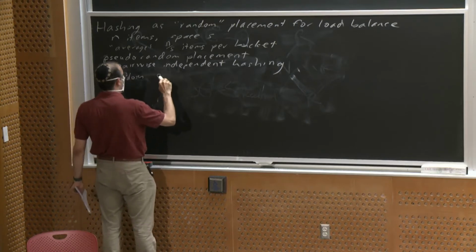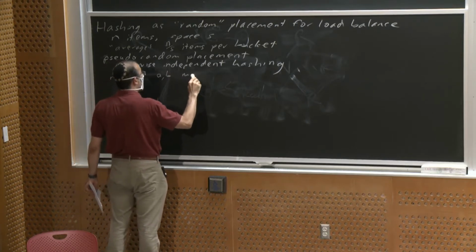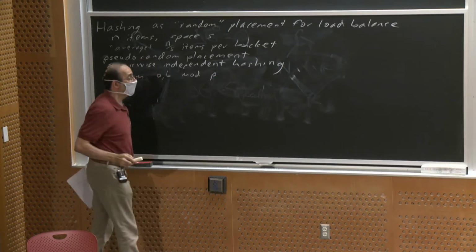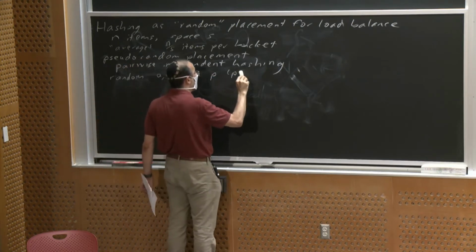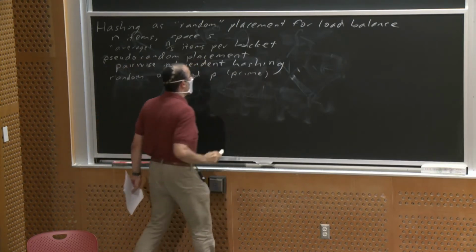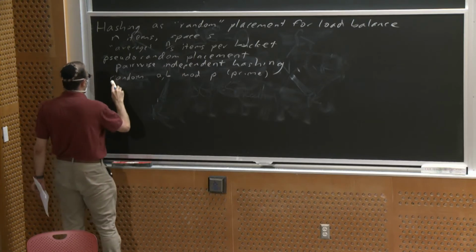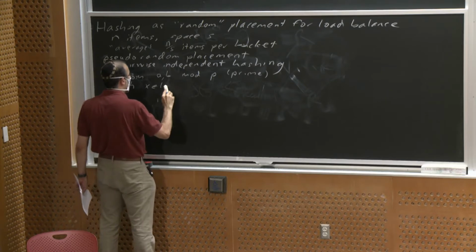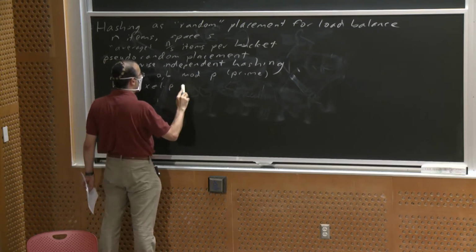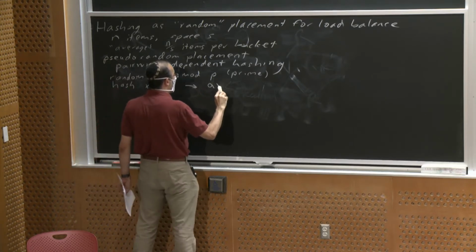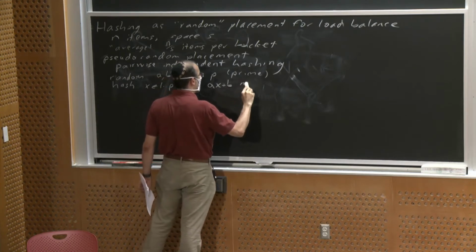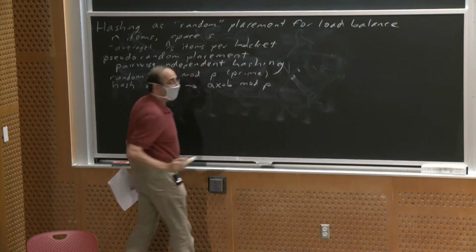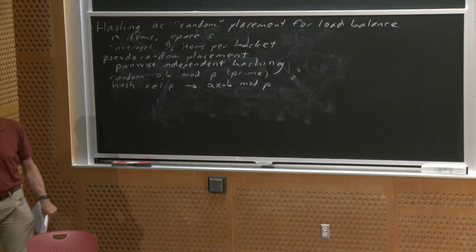Yes, we pick a random a and b modulo some prime p. And we then hash any x in the range from 1 to p into the value ax plus b mod p, right?